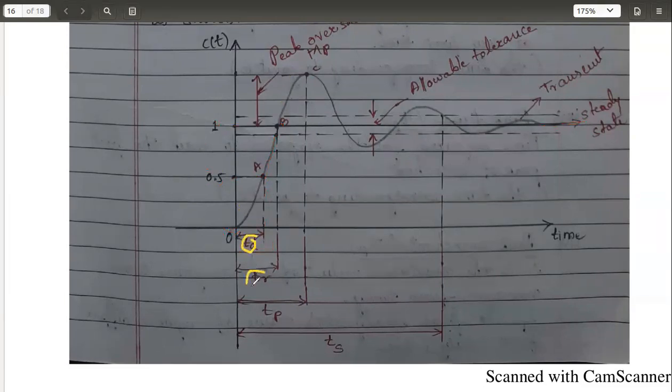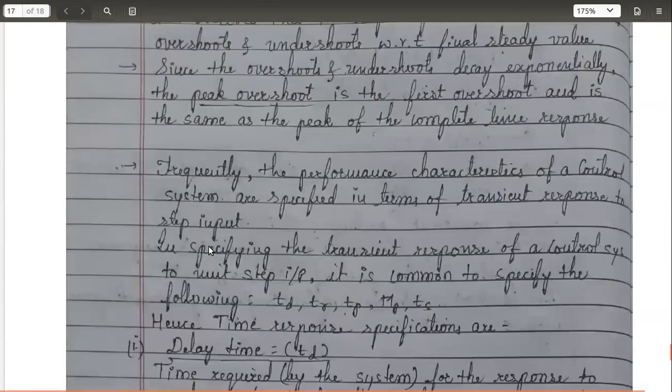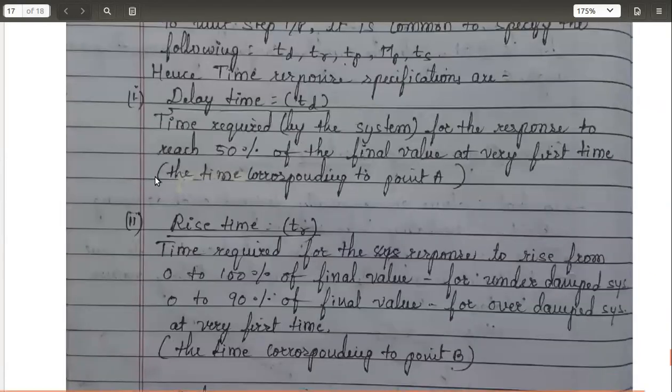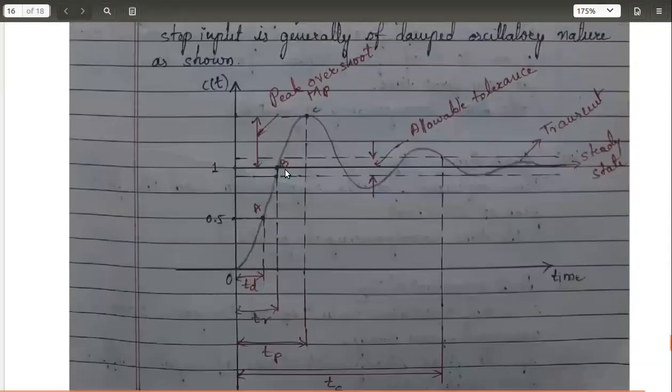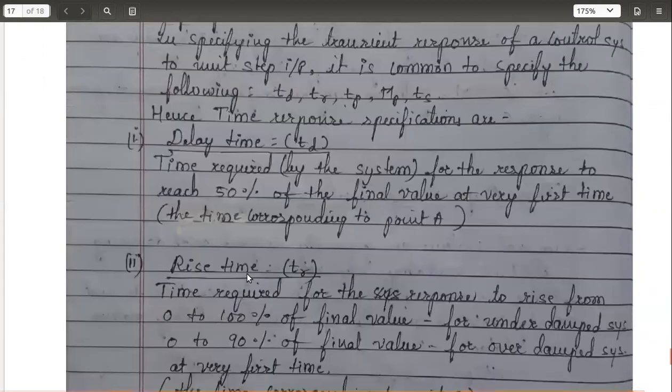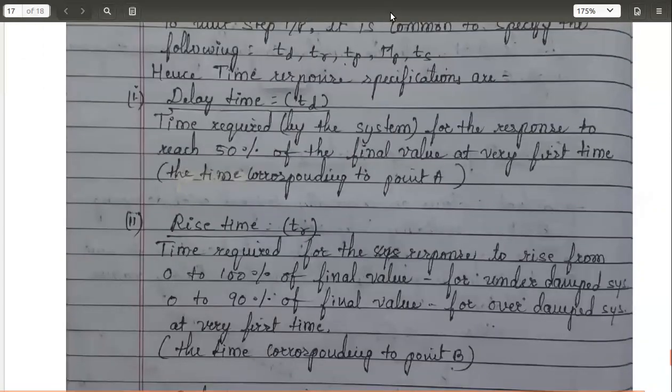Okay, now coming to the rise time. Here, the delay time is the time corresponding to point A. So in this figure, for your better understanding, I have marked points A, B, C like that. Point A corresponds to this 50% of the final value. Coming to the second one, rise time. It is the time for the response to rise from 0 to 100% of the final value.